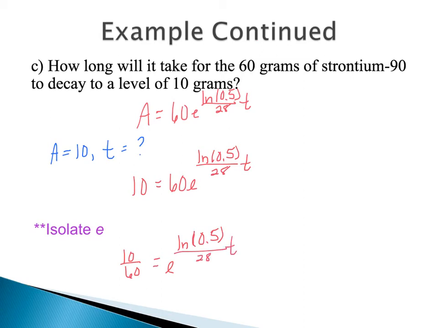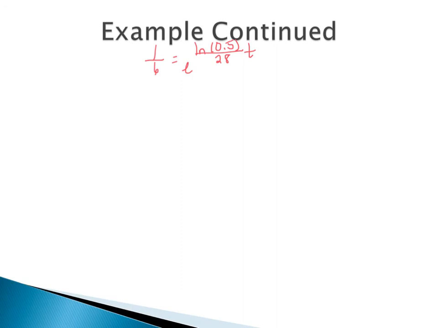But 10 over 60 we can rewrite as just 1/6 equals e to the natural log of 0.5 over 28 times t. So that's just isolating e. At this point, we want to continue to solve for t.